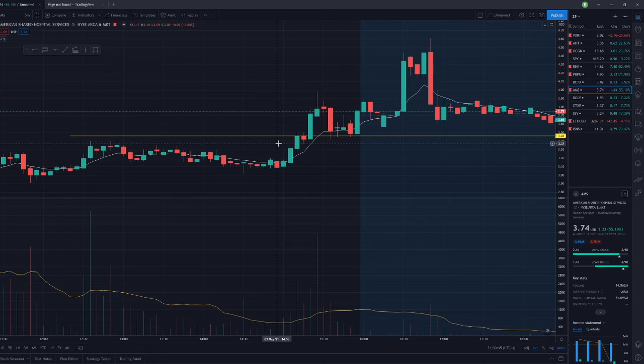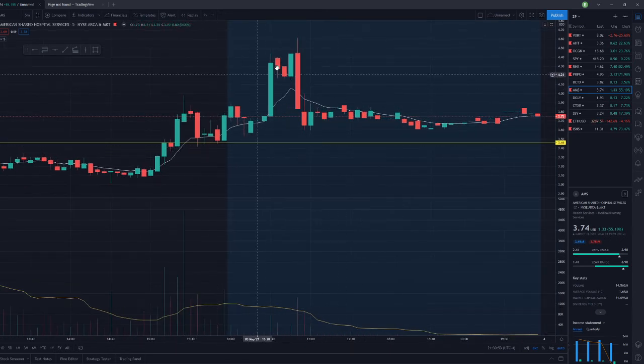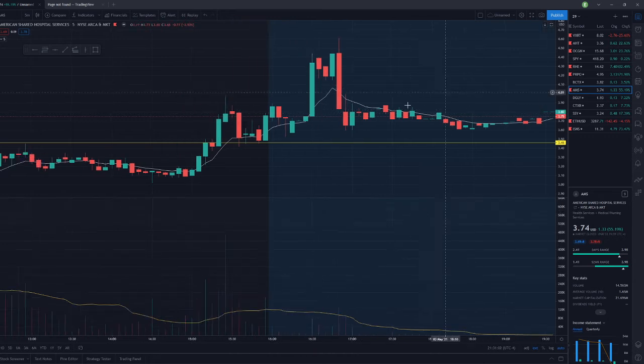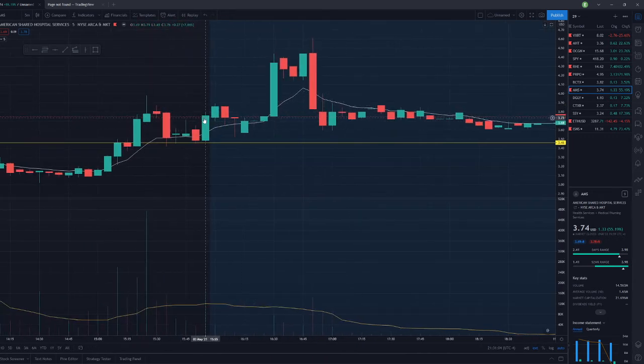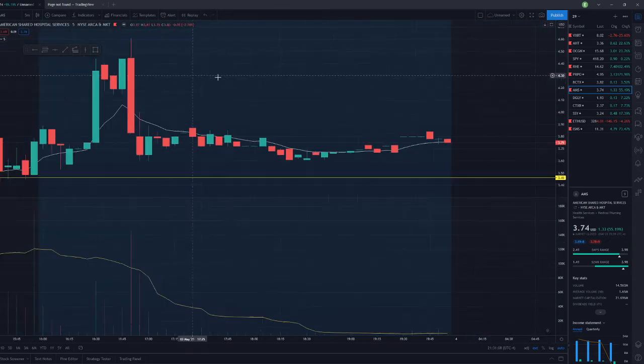I would have taken more profit, but I traded my plan. I scaled out here, and I was happy with it. If I wanted to go longer, I guess I could, but I didn't really have a reason to. You always want to have a reason for whatever you trade, otherwise you're going to get caught in messes, right? And even if I didn't scale out here, maybe I would have panicked over here and cut. Who knows, right? There's a bunch of things.